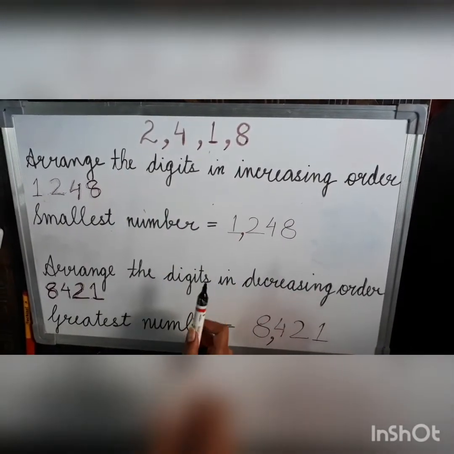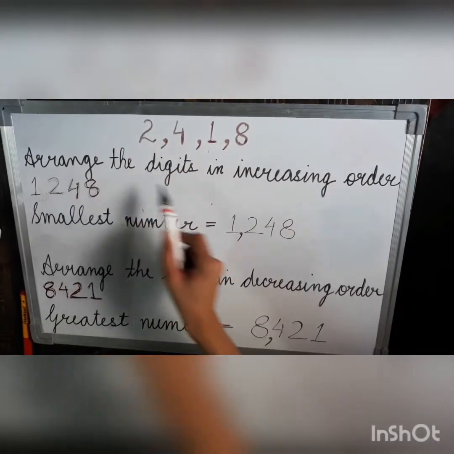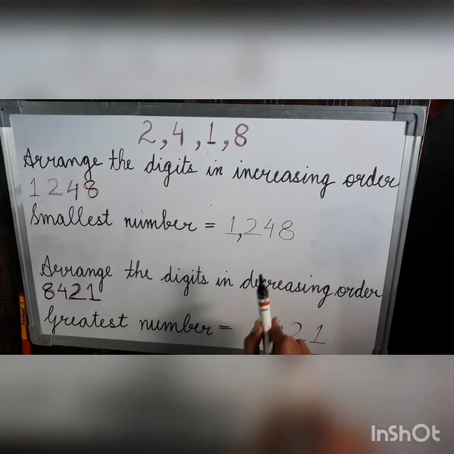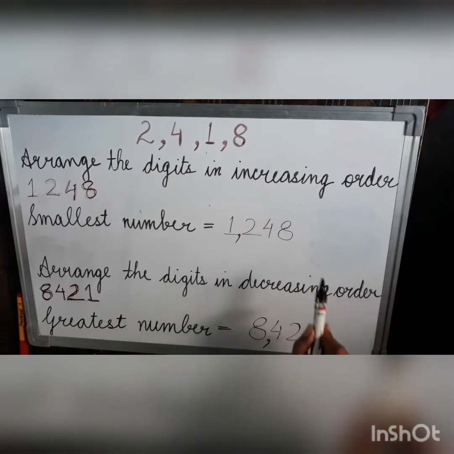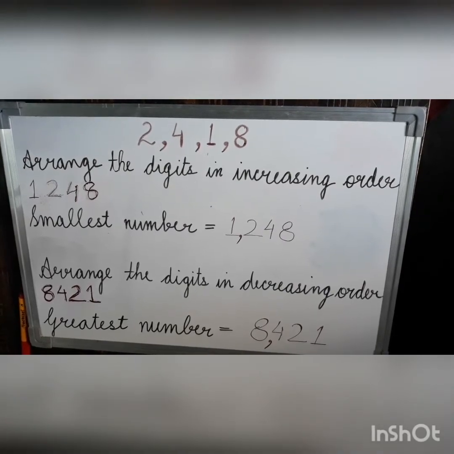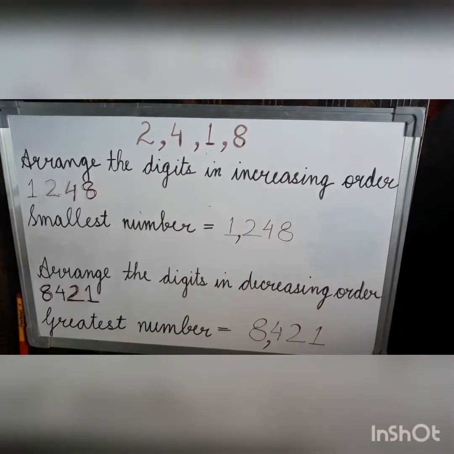So the smallest number which is formed from these 4 digits is 1248.